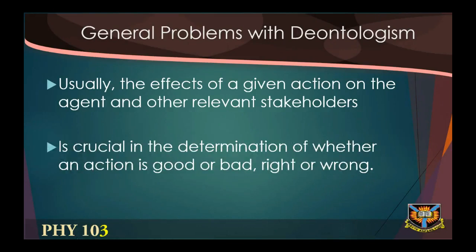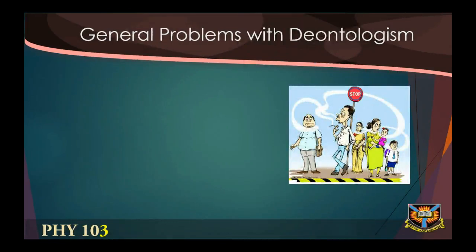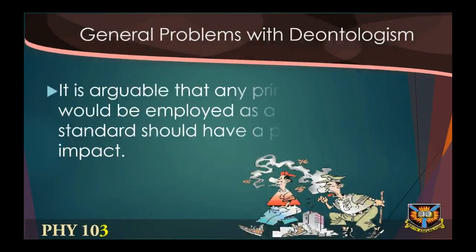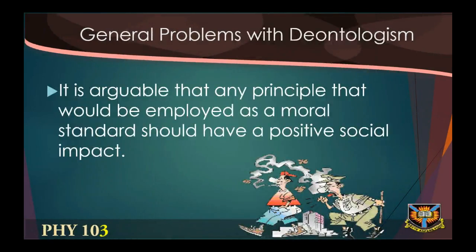Besides, the deontological standard might result in actions that will be described as inherently good, while it has very heinous social effects. And given the fact that morality is essentially a social enterprise that is designed to achieve a number of social ends, it is arguable that any principle that will be employed as a moral standard should have a positive social impact.